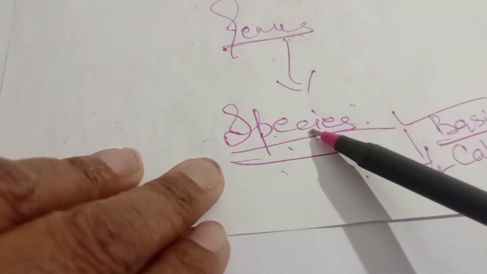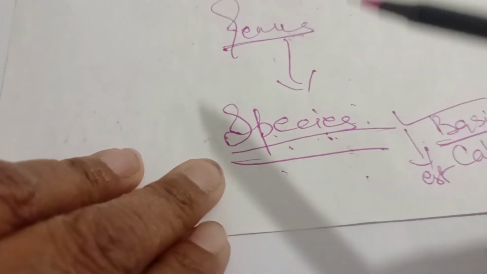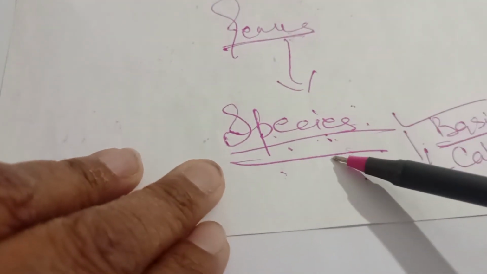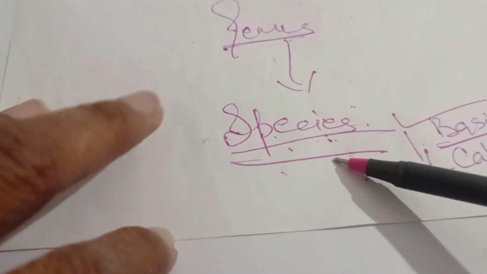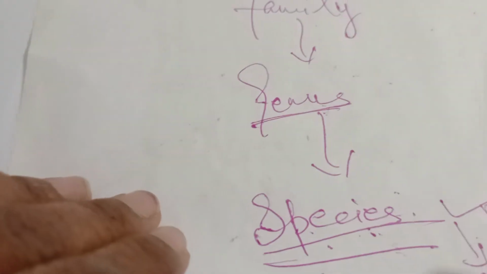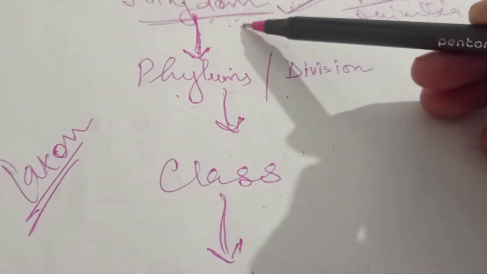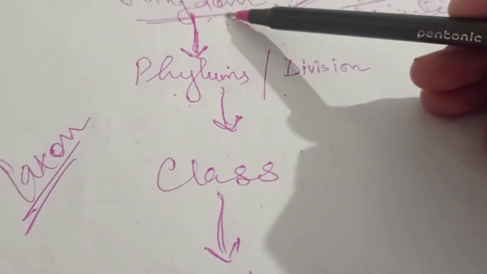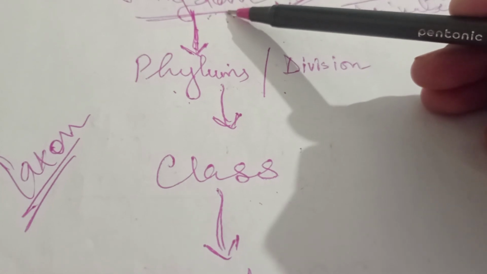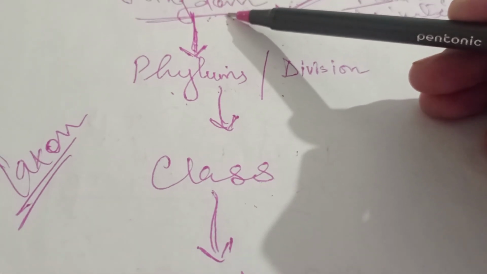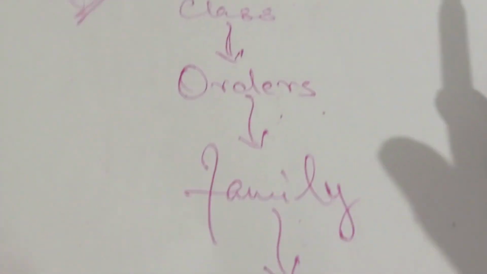The similarities will increase. There will be more similarities in the lowest category. And as we move in the ascending order, that means from species up to kingdom, the differences or diversity or dissimilarities increase. So remember this and remember the hierarchy.